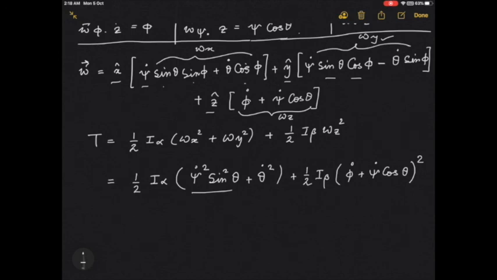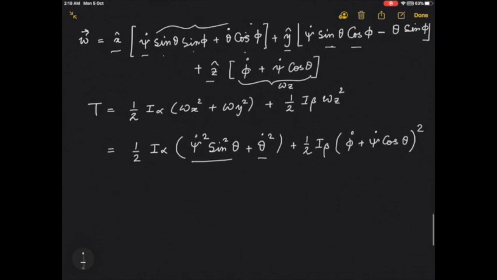Similarly, for theta dot square, cos square phi and sine square phi add up to 1, I get this. And when I look at the cross term, I have psi dot theta dot sine theta sine phi cos phi here, and I got psi dot theta dot sine phi cos phi here with a minus sign. So they cancel out. And for omega z, I just write the omega z square.